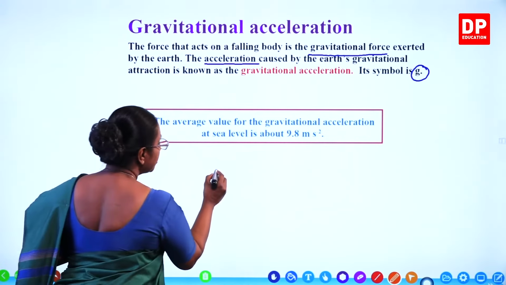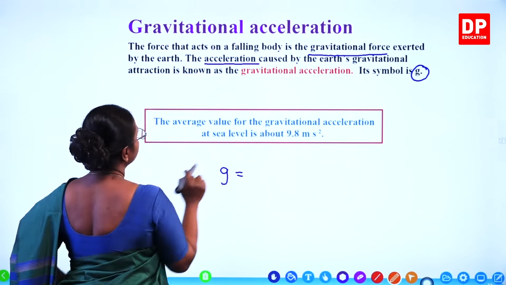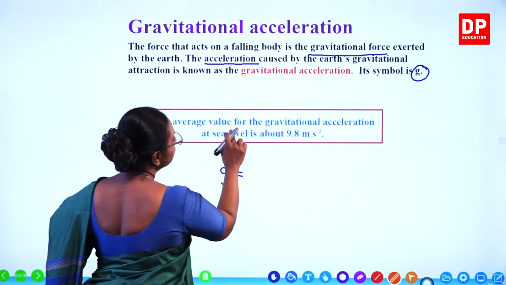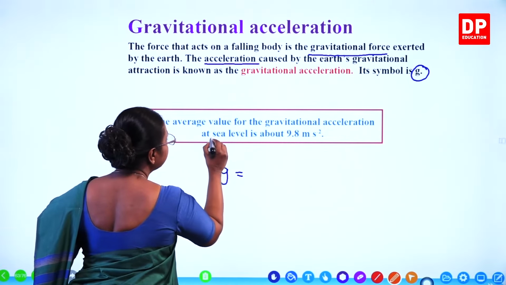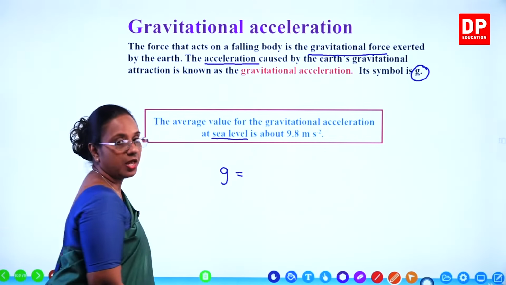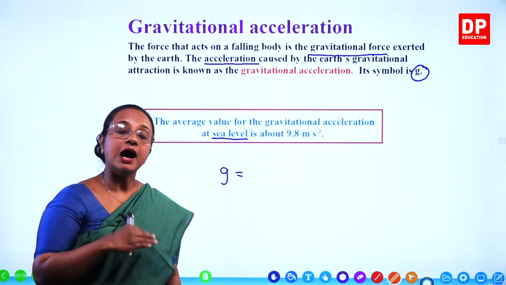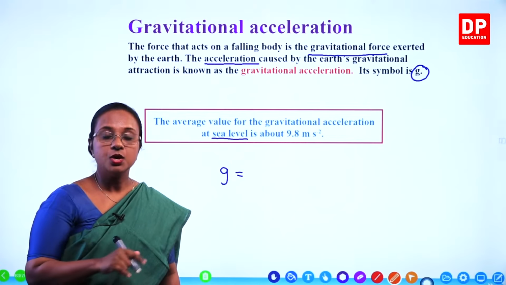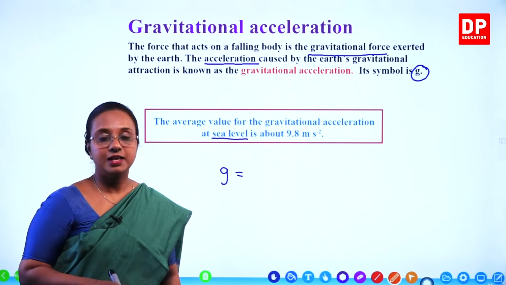So, the gravitational acceleration g, from this you can see the average value for the gravitational acceleration at sea level. Now, normally you all know for any geography height measurement purposes, we take the sea level as the basic level.